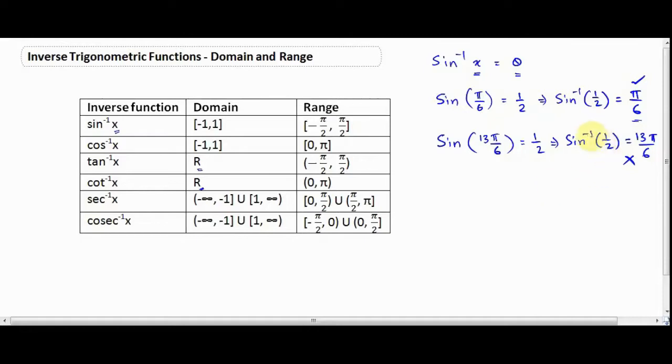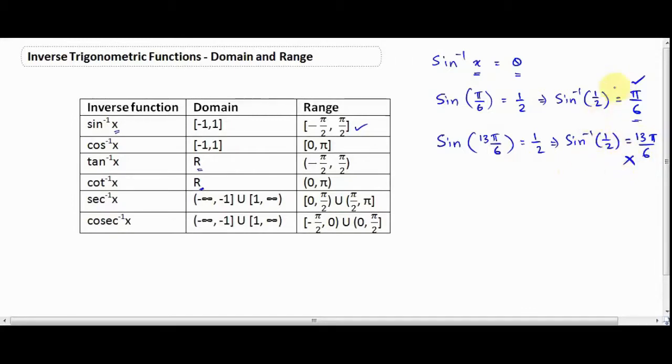Because the sine inverse function has a range of minus pi by 2 to plus pi by 2, and this value 13 pi by 6 is out of this interval. Range is defined for sine inverse of x as the closed interval minus pi by 2 to plus pi by 2, and 13 pi by 6 is out of that range, and therefore sine inverse of 1 by 2 equal to 13 pi by 6 is not a valid expression.